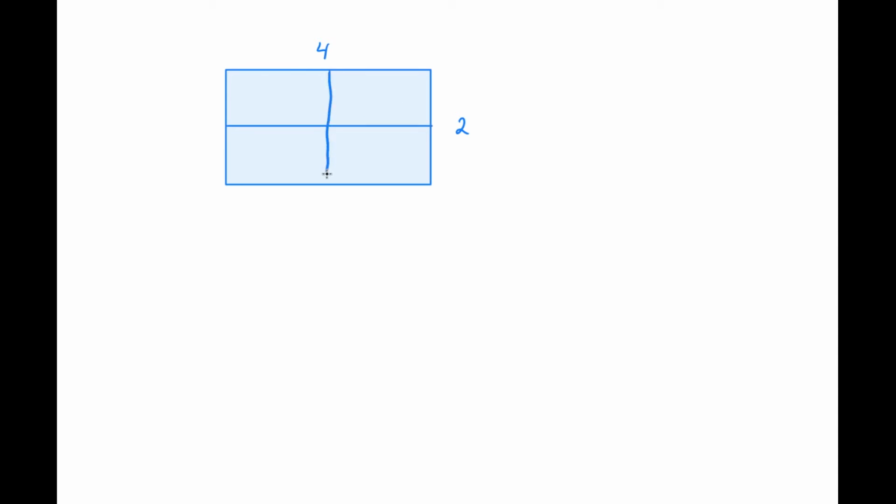And then if we divide here and here, keep in mind this is free-handed drawing. It's not exactly perfect, but you get the idea. This is 1, 2, 3, 4 units wide and 1, 2 units tall. Now if we count those, it's going to be 1, 2, 3, 4, 5, 6, 7, 8.